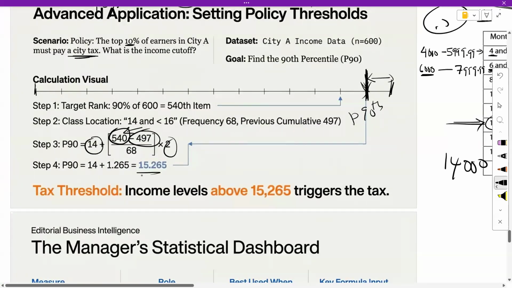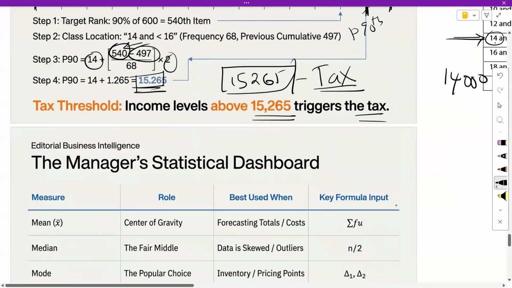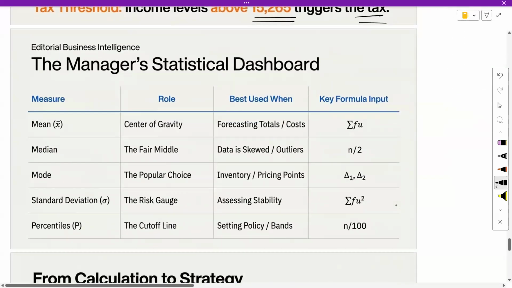Then it equals 15,265. It means any citizen whose income is above 15,265 rupees has to pay city tax, right? The tax threshold: income levels above 15,265 trigger the tax, right?